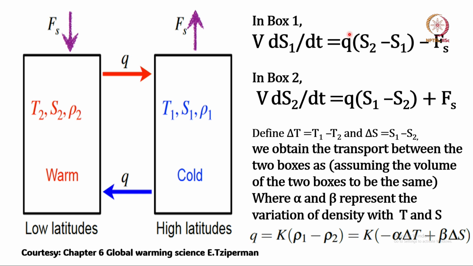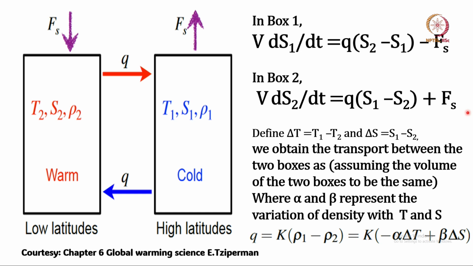So, if you are getting flow from this box and S2 is not equal to S1, then this difference will cause a change in S1. Okay. Plus of course, the role of the freshwater flux, which can reduce salinity. Now, in box 2 we have the reverse. Whatever happens here happens in reverse here, this changes, and the freshwater flux also has to change. Okay.